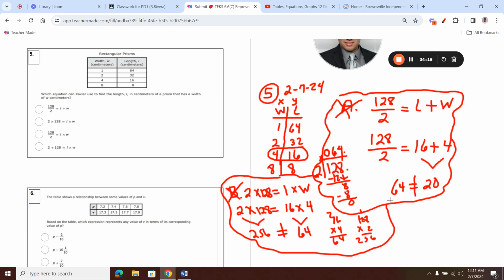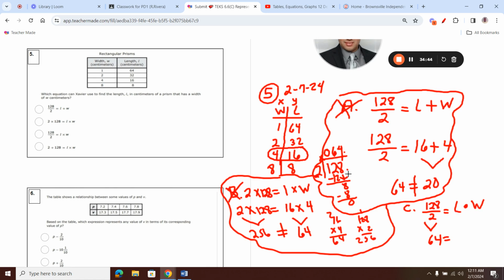Letter C is next. So let me put letter C right here. 128 divided by 2 equals length times, I'm going to put a dot now instead of the X, width. So 128 divided by 2, we already did that. Look, it's right here. 128 divided by 2 was 64. So I already know this guy is going to give me 64.